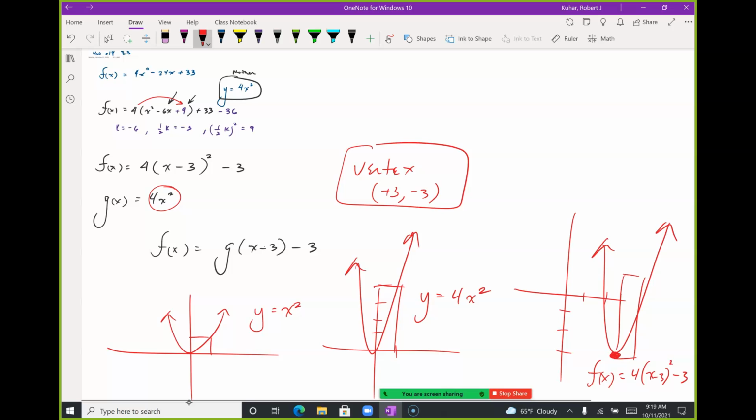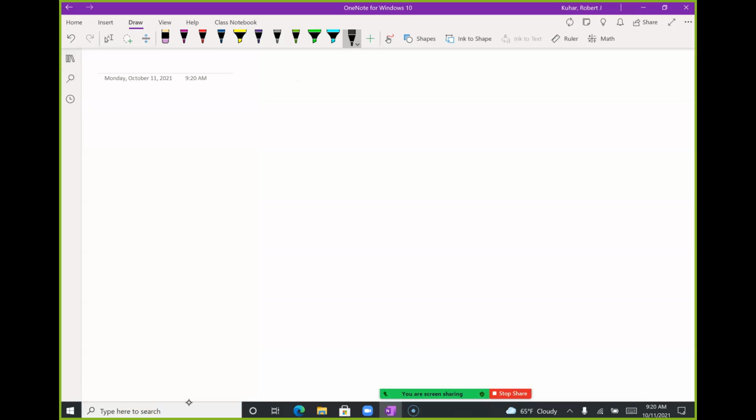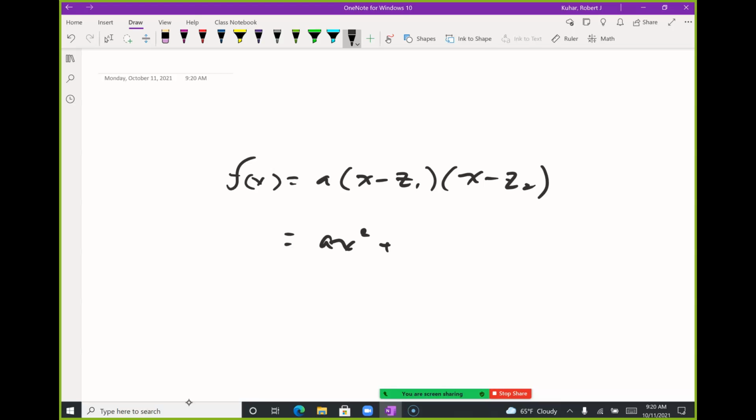And so, Sean, your second question is... I'm not going to do it with the quadratic. I'm going to do a question just like this with a polynomial, which a quadratic is, but it's too simple. So f of x is what? A times x minus z1 times x minus z2, or ax squared plus bx plus c.